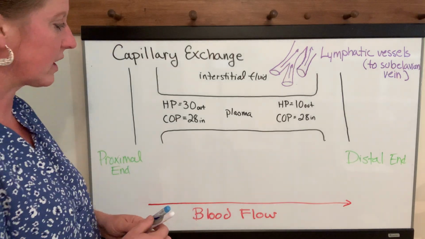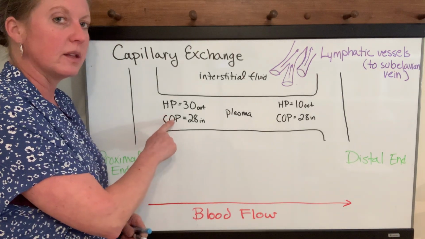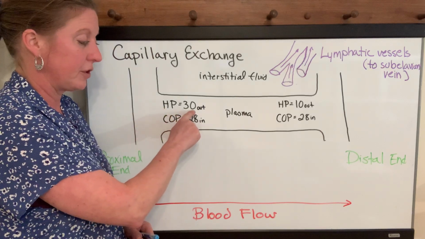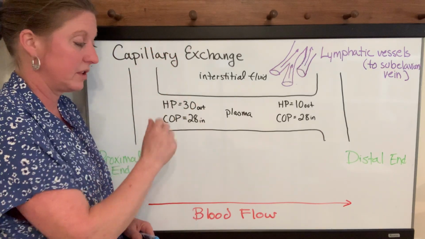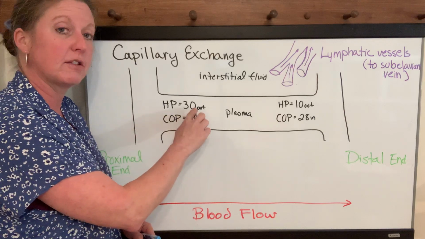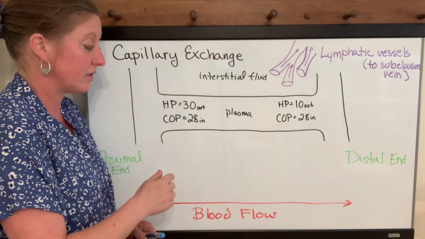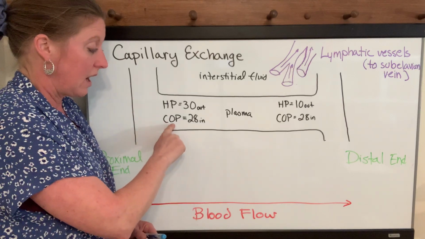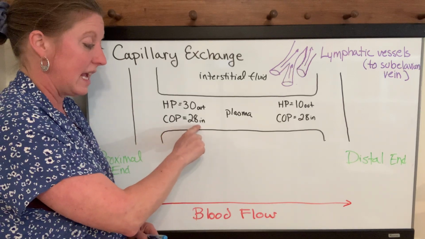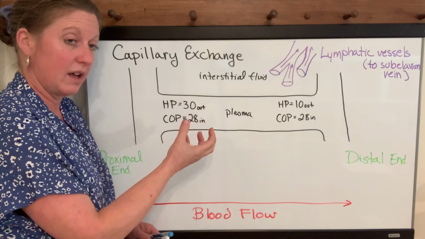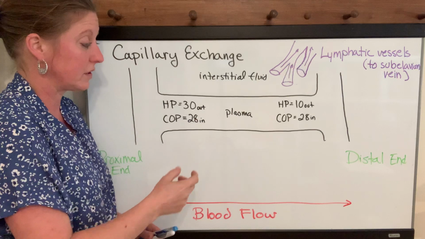All right, so let's look at this first set. In the proximal end of the capillary, we have a hydrostatic pressure of 30 that's pushing outwards, all right? So that's going to tend to make fluid move out of the capillary, or out of the plasma, into the interstitial space. The colloid-oncotic pressure is 28, but with an inward pressure or an inward attraction force.